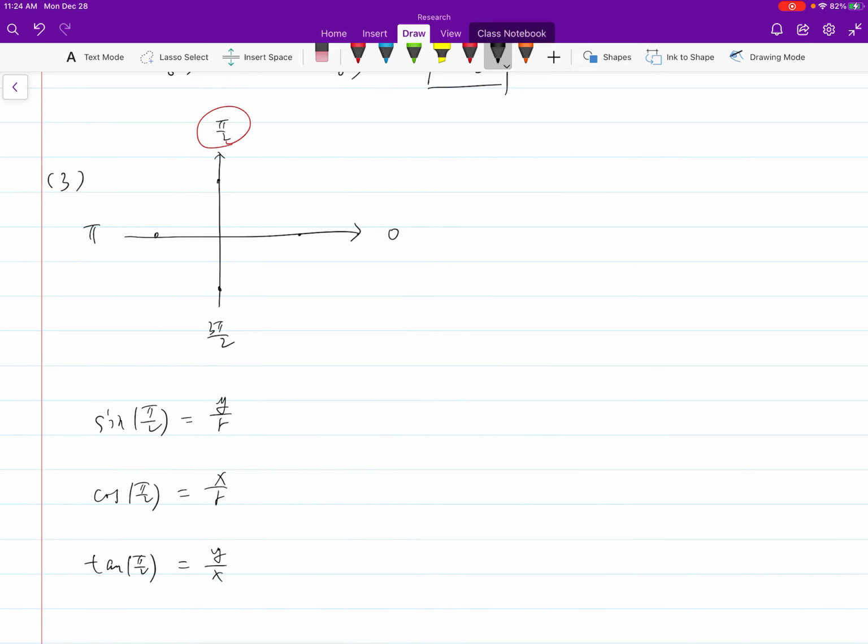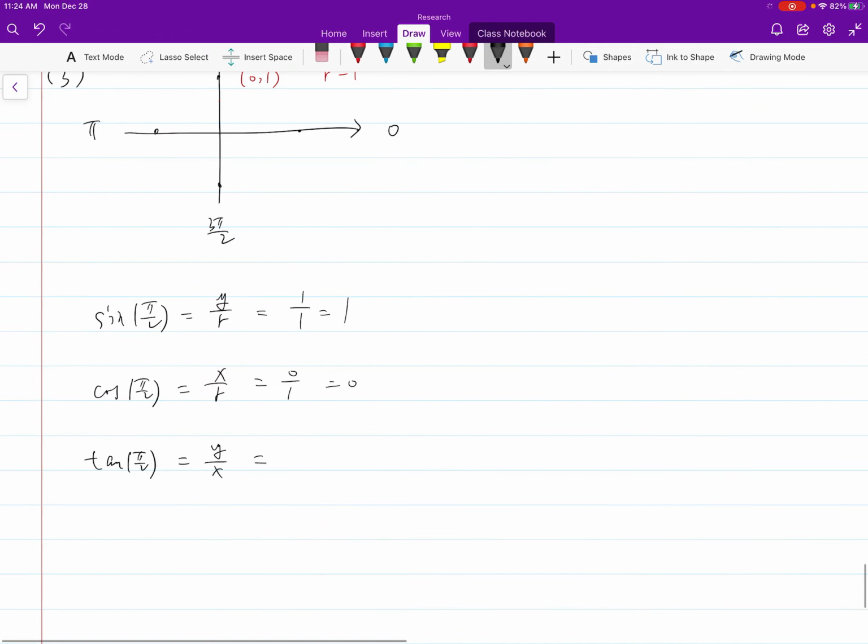Which is actually easier, because if it's pi over 2, we can simply pick a point, 0, 1, which implies r equals 1. So tangent is going to be y over x, which is, note, undefined because you're dividing by 0.